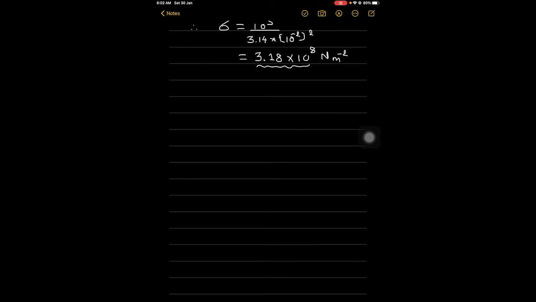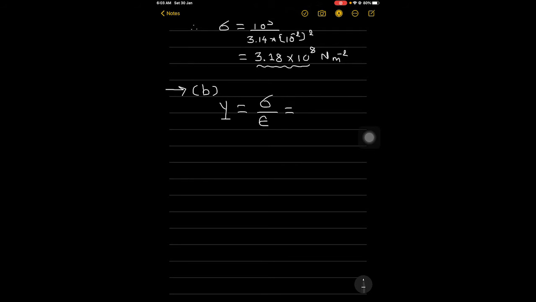Now second, they have asked elongation. So elongation is on the basis of that increment in the length. For that we can apply the equation of Young modulus, that is stress upon strain.